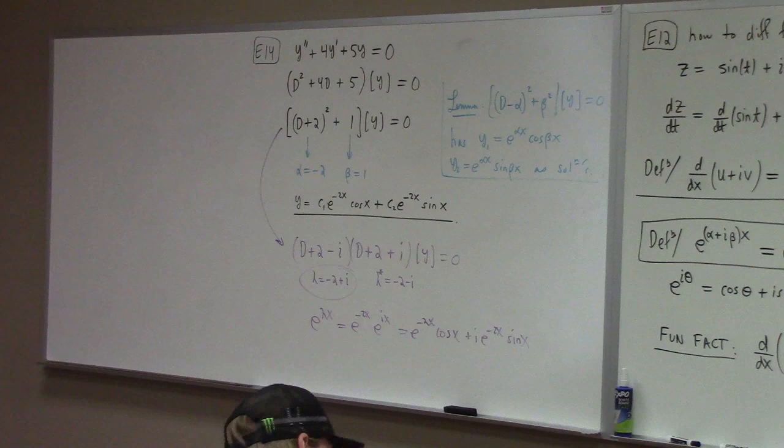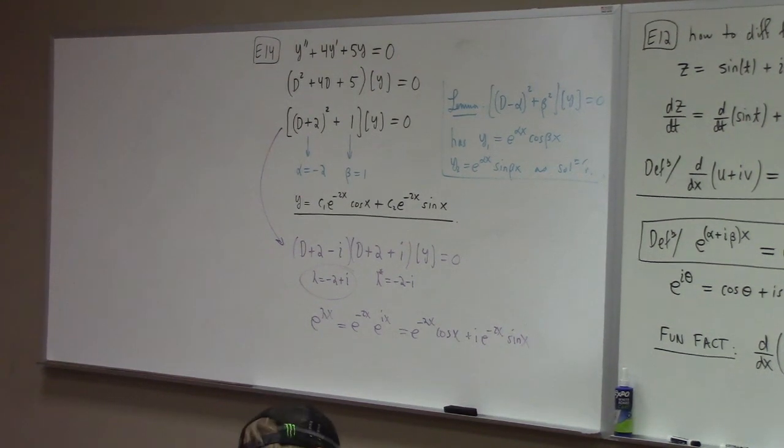So this term right here tells me I get an e to the minus x as one of my fundamental solutions. This says I get an e to the minus 3x as one of my fundamental solutions. This says that I get complex solutions, e to the ix and x e to the ix as complex solutions, right?